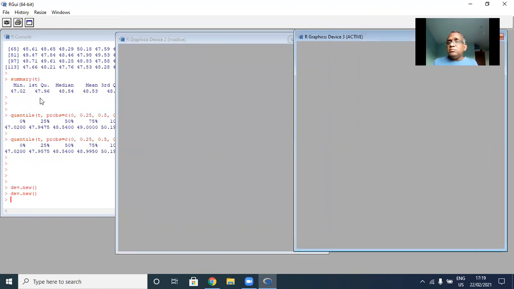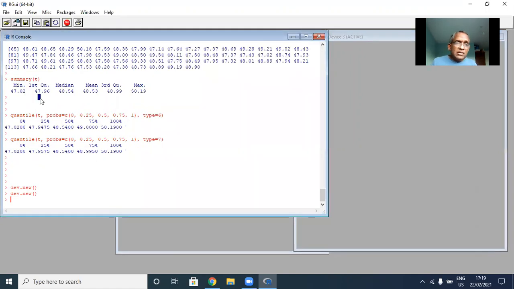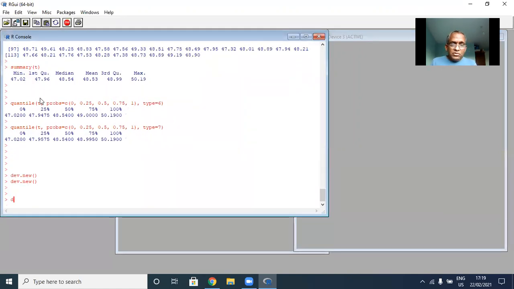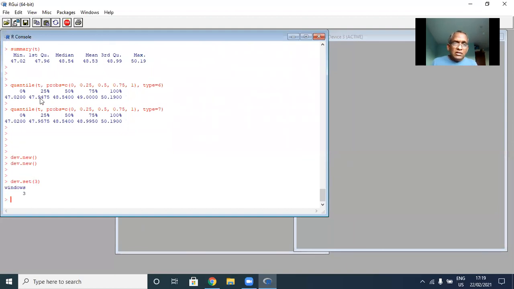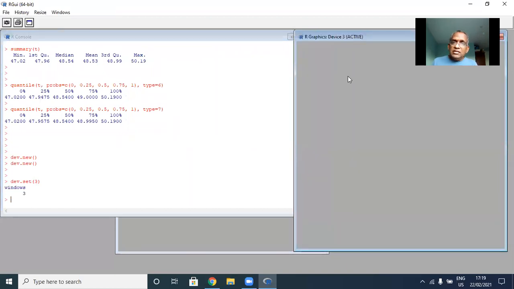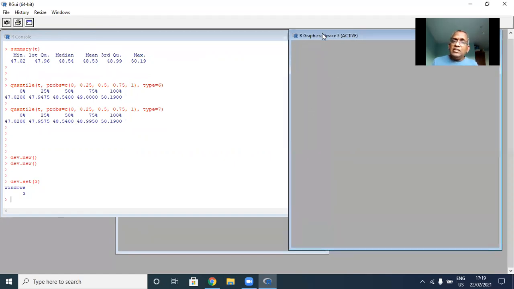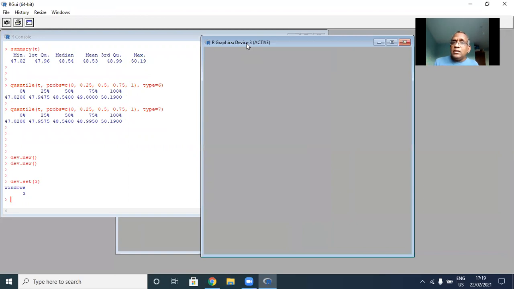If you type dev.set equal to 3, then it will set device 3 to be active. So at the moment, the device with the number 3, which is this one, is made active.